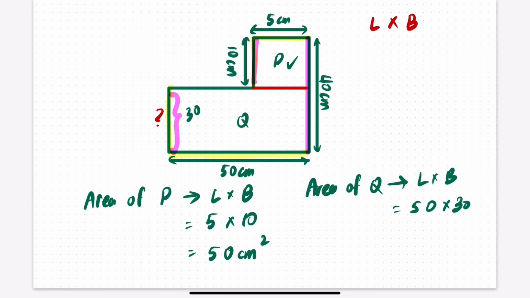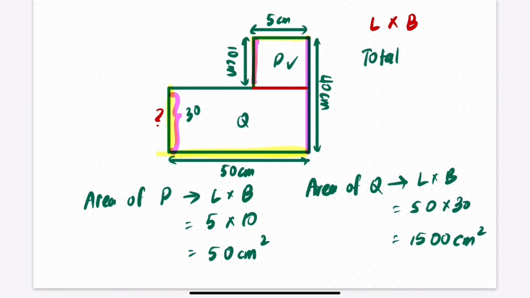Alright, I'm going to show it to you again. 50 times 30. Length times breadth. Alright, that gives me 1500 square centimeters. So the total area, okay, I'm running out of space, so I'm just going to write it here.